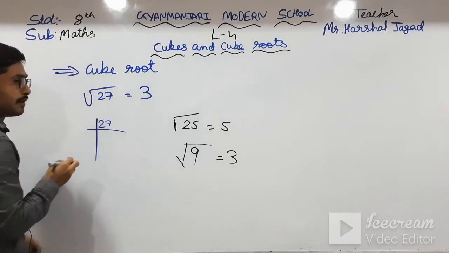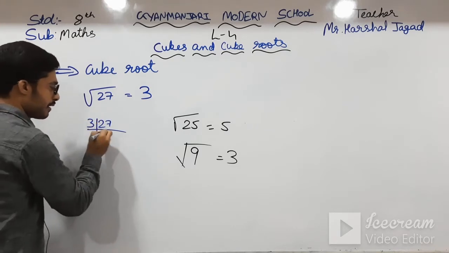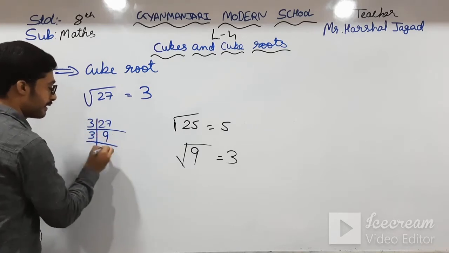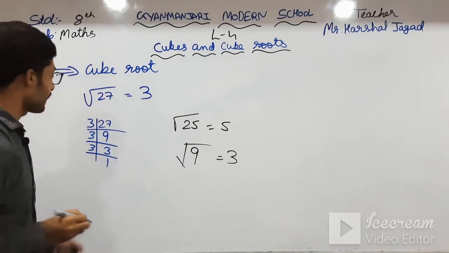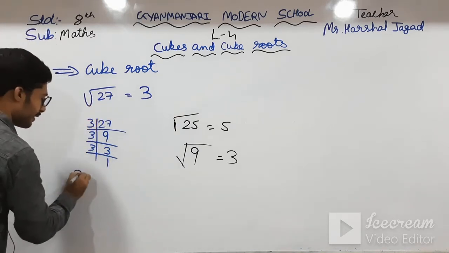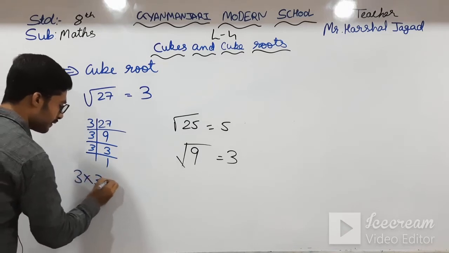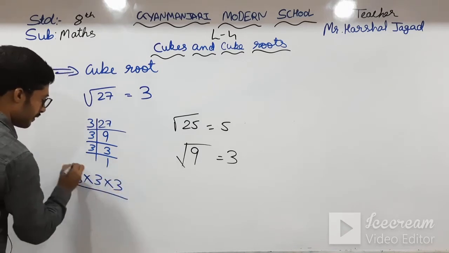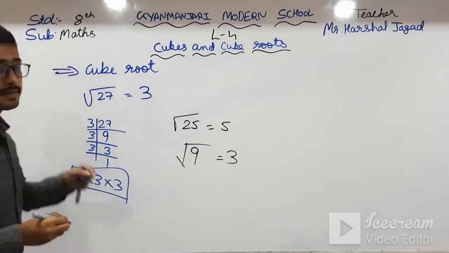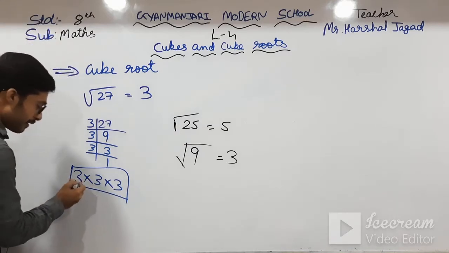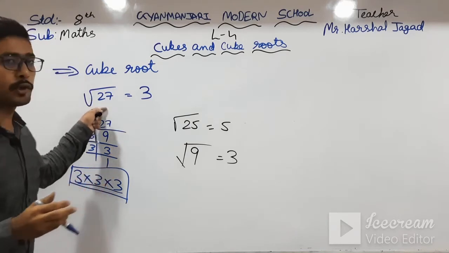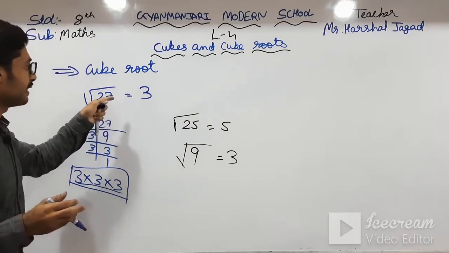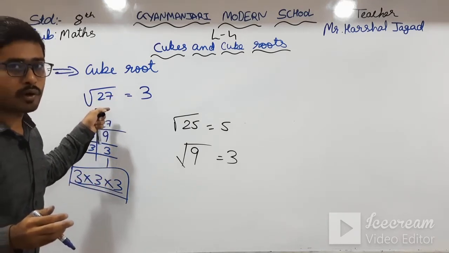For 27, 3 9s are 27, 3 3s are 9, 3 1s are 3. So these are the three factors of 27. It repeats in a group 3 times, so the cube root of 27 is 3.